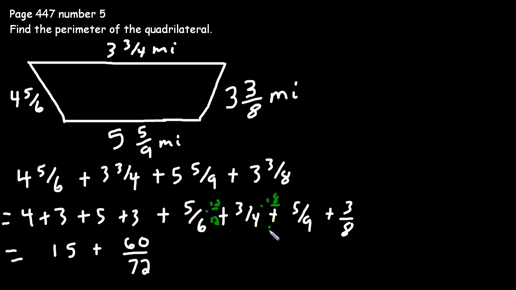So if I multiply it by 18, 18 times 4 would be 72. Then 3 times 18, that'd be 30 and 24, 54. Then 9 will go into 72 8 times, so I just need to multiply this one by 8 over 8.